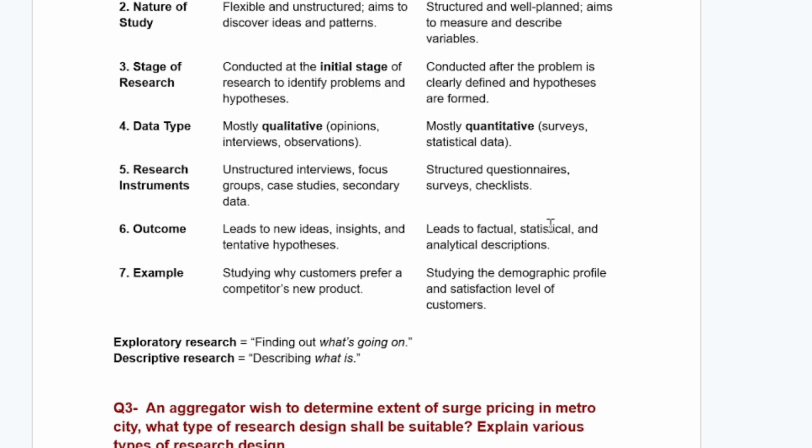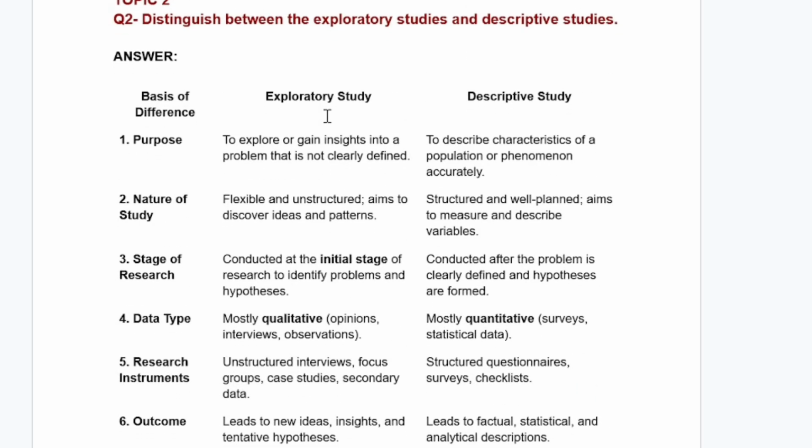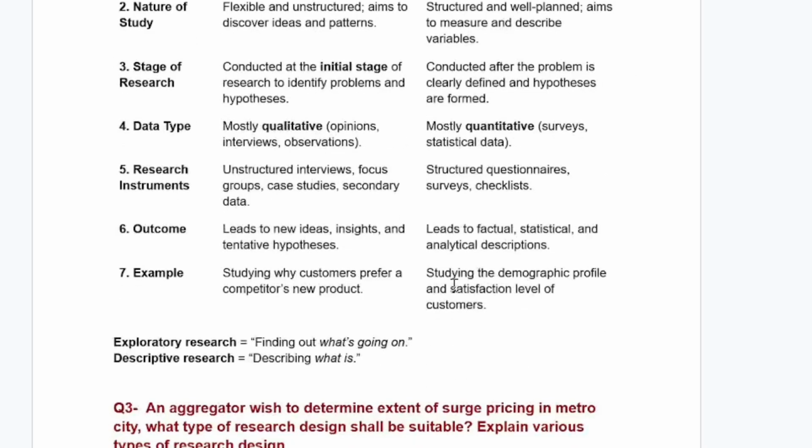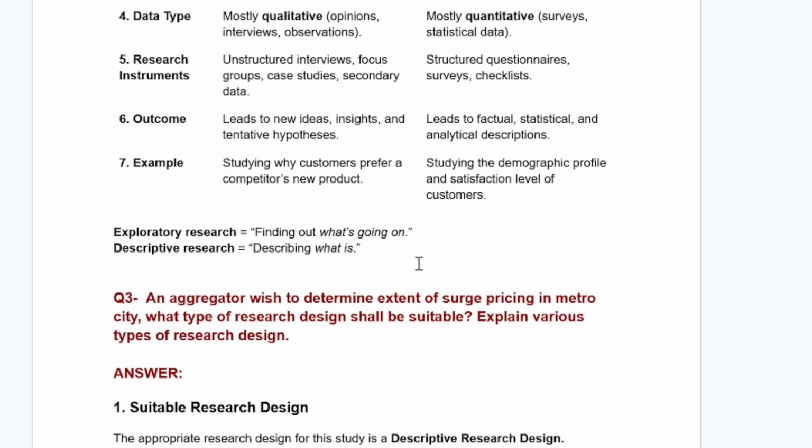Example: studying why consumers prefer a competitor's new product is an exploratory study, and descriptive will be studying the demographic profile and satisfaction level of customers. So basically the difference is exploratory is finding out what's going on and descriptive is describing what it is.